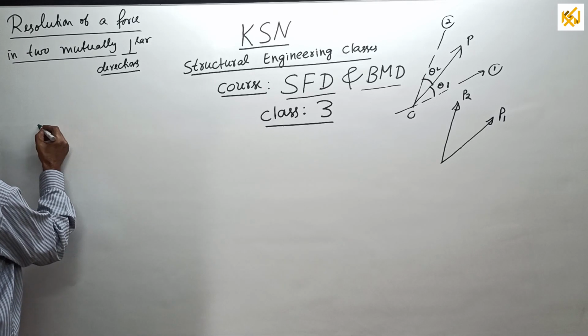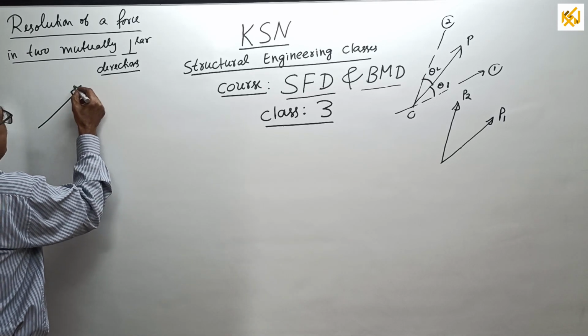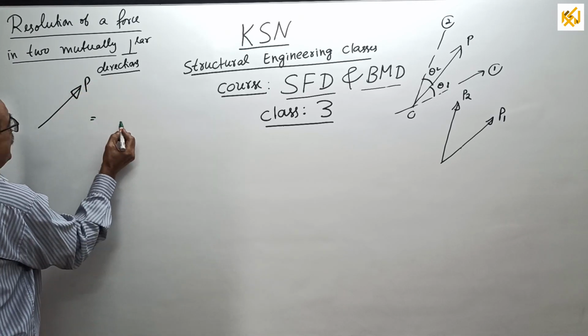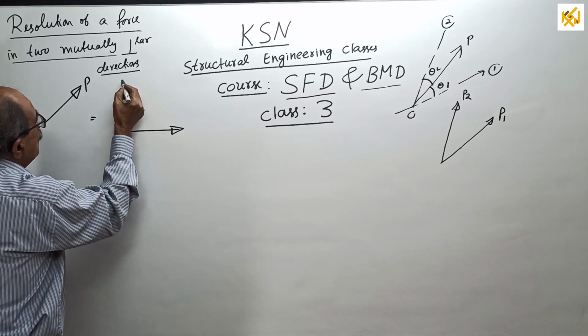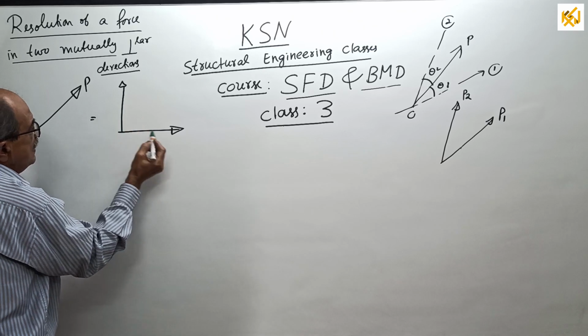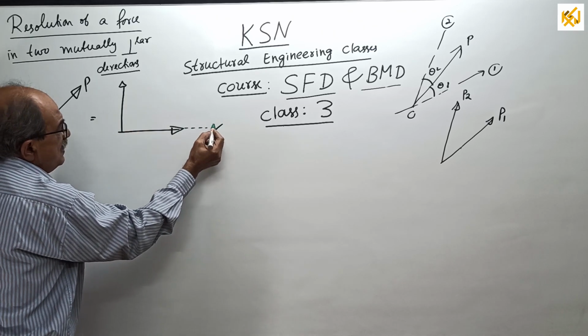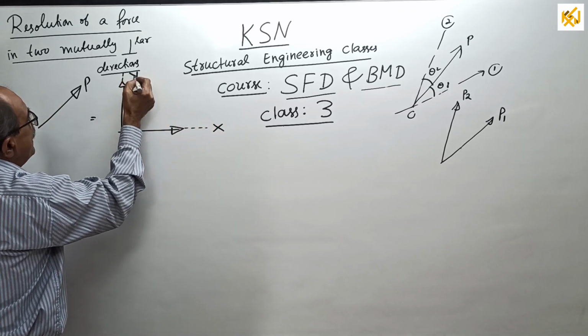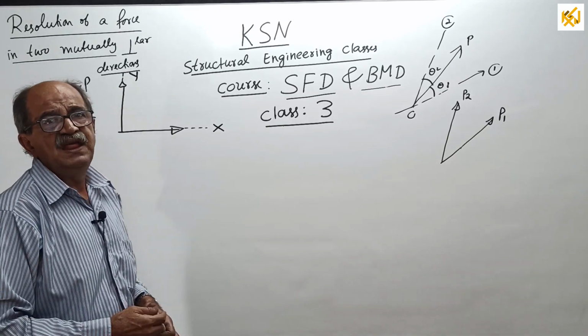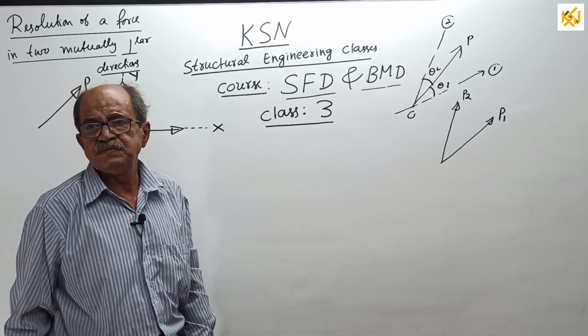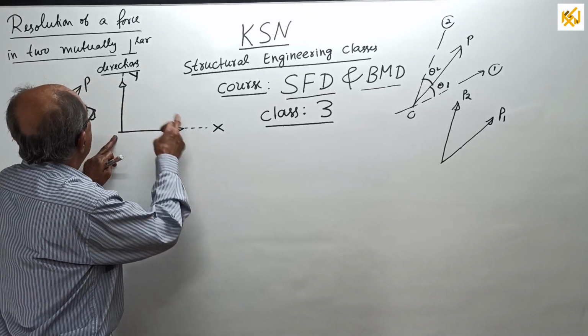That is, if a force is acting here, say P, we want to resolve it into one component in the horizontal direction, one component in the vertical direction. This is usually called X direction, this is called Y direction. In engineering mechanics, as we progress, we will call it horizontal and vertical.